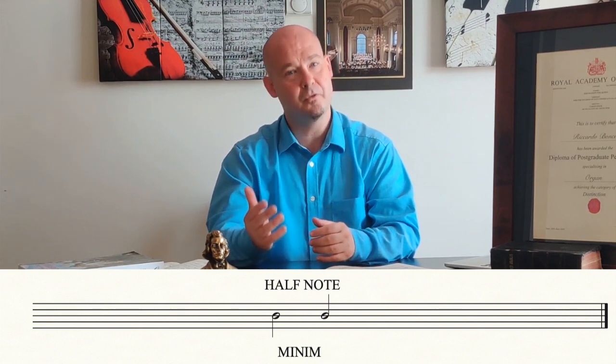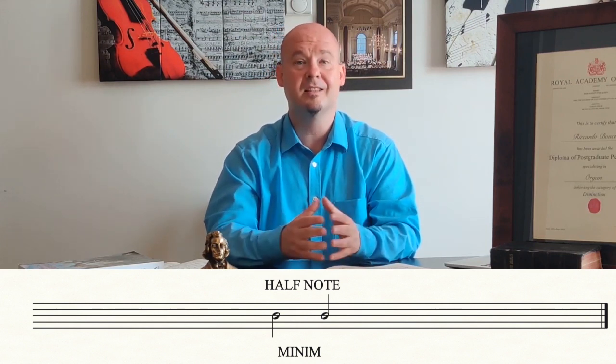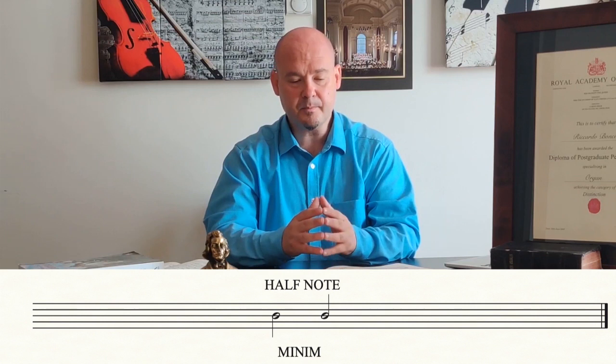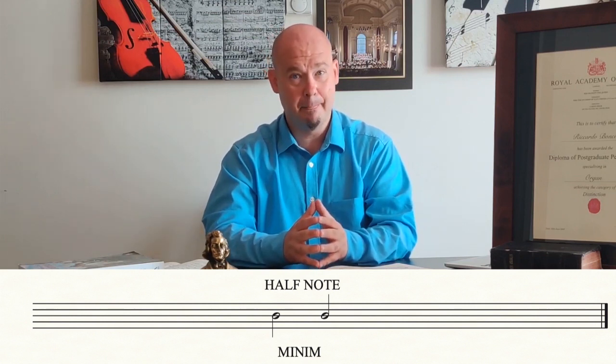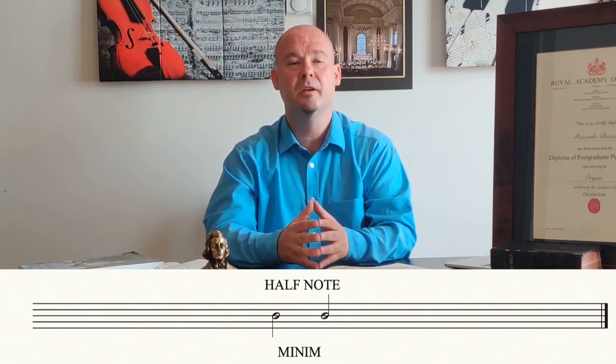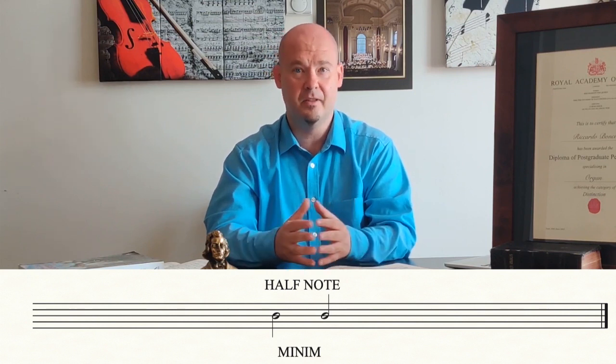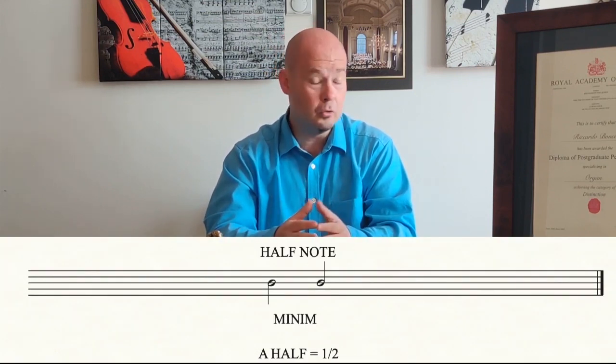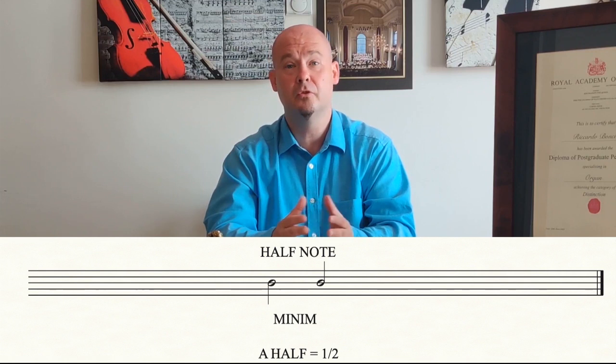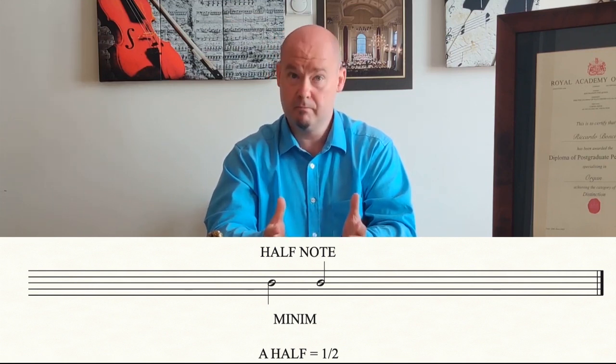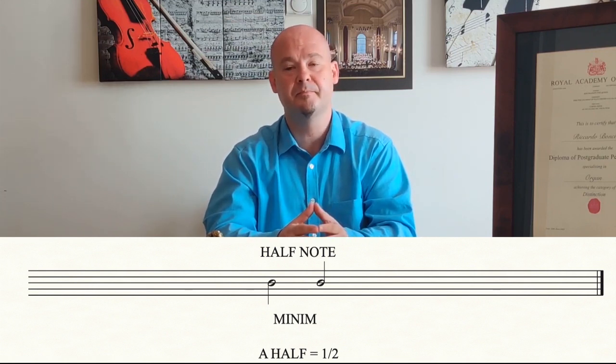When they go up, they need to be on the right side. And that, again, is a standard. So coming back to our minims, their mathematical value is 1 over 2, a half, that is. Or you could also say it's 2 over 4, 2 quarters, which is exactly the same thing.